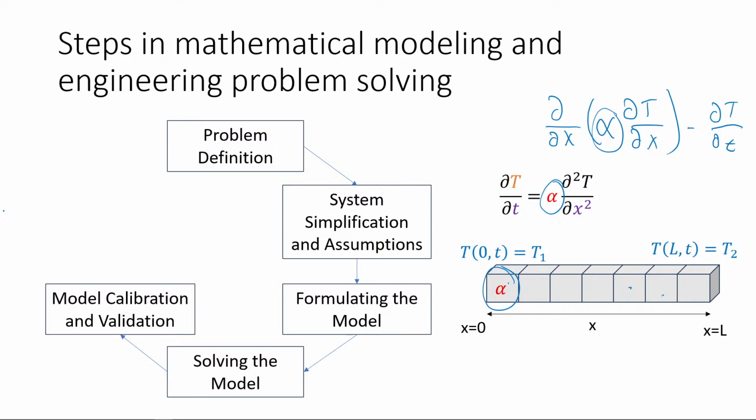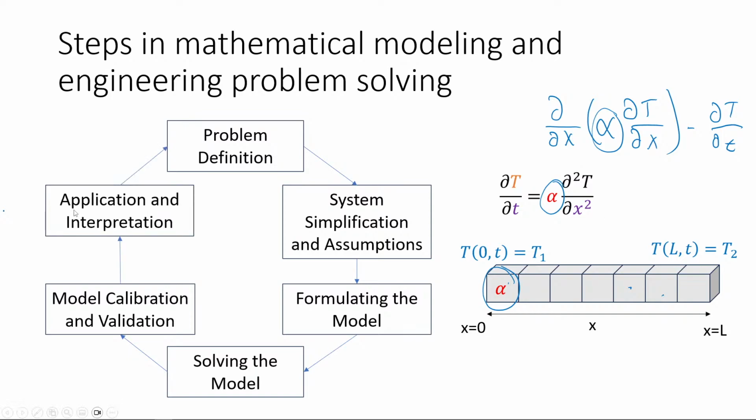And to make the model match the actual system, you need to calibrate the parameters of your model, like your alpha, for example. That could be one parameter. You keep changing alpha until what your model is simulating is what you are observing in the actual system. Okay, then this model is calibrated. Once the model is calibrated, then you can use it for your intended application and so on.